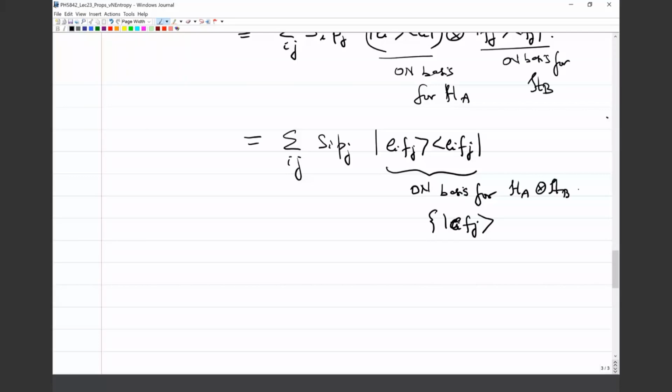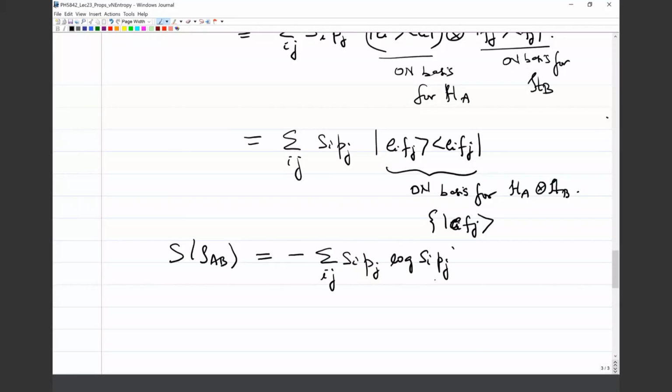So now what is this joint entropy, or the entropy of this bipartite or joint state of A and B? It is simply negative sum over ij S_i P_j log S_i P_j.